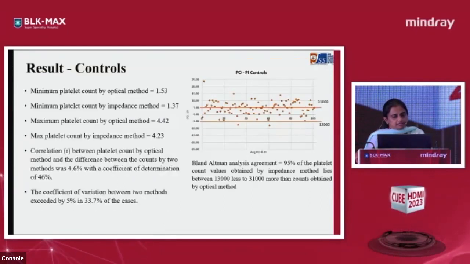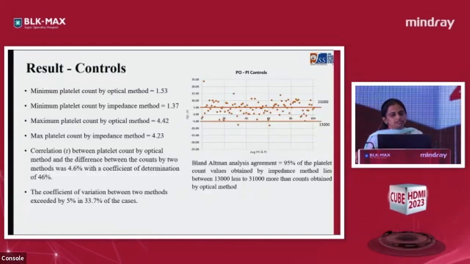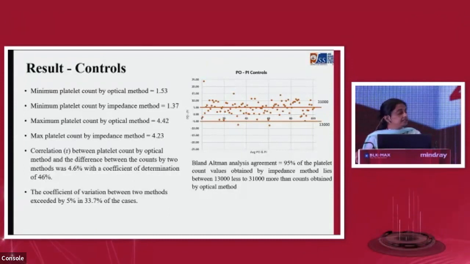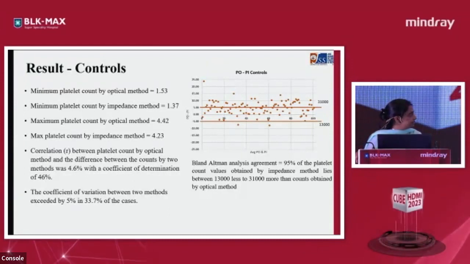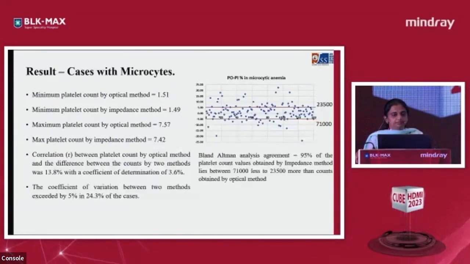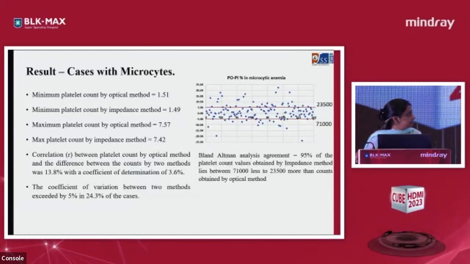When the Bland-Altman analysis was plotted, the coefficient of variation between the optical and impedance methods in control subjects exceeded 5% in 33.7% of the cases. In microcytic anemia, 24.3% of cases exceeded the 5% cutoff between the two methods.